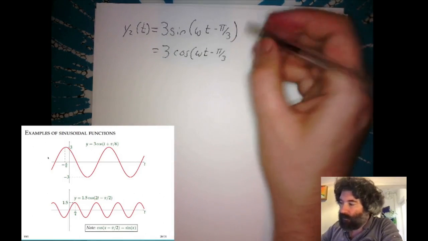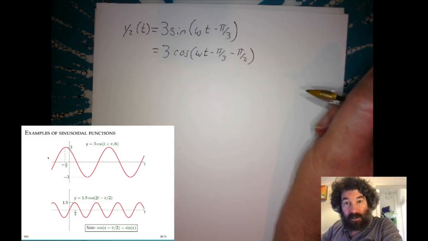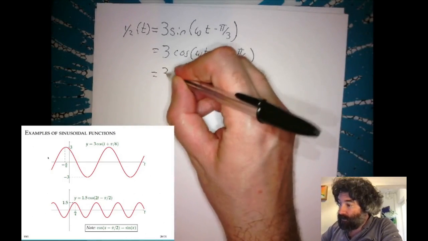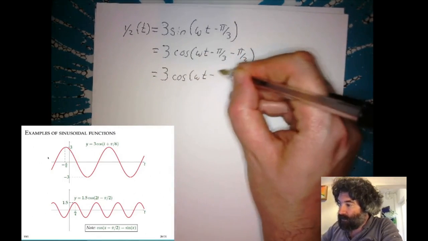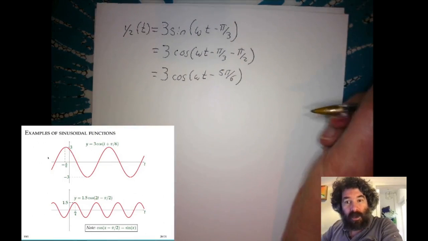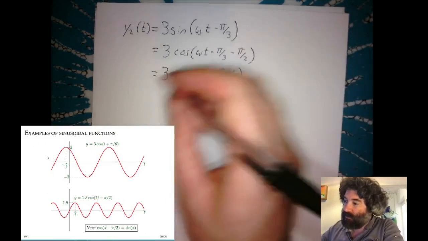That's the sine from before, minus pi over 2. We add an additional phase of minus pi over 2. And so this is 3 cosine of omega t minus 5 pi over 6. And so now we can easily see what the amplitude and phase are for this sinusoidal function.